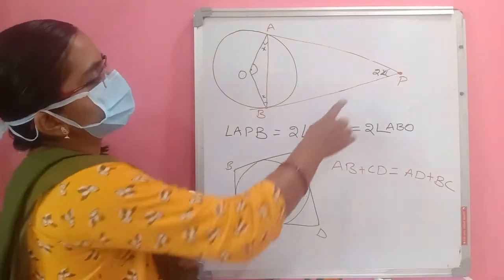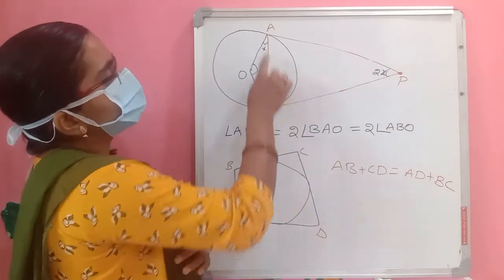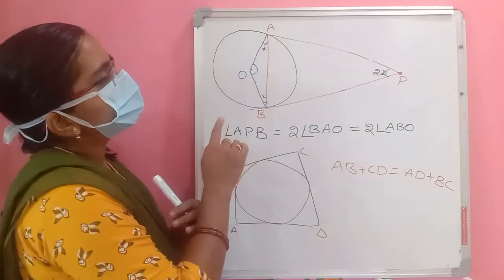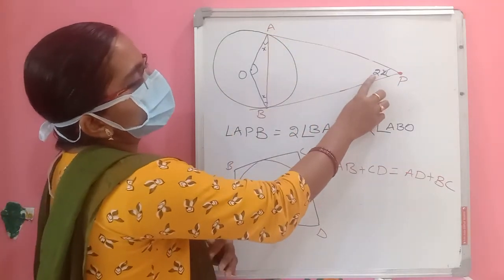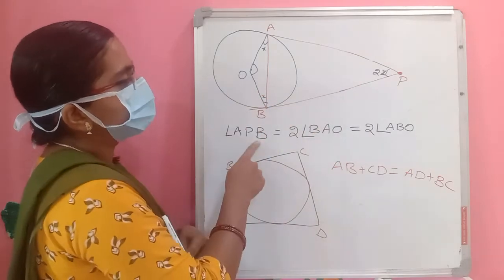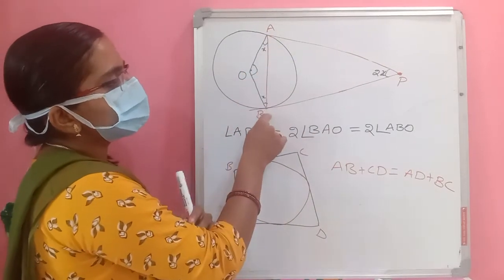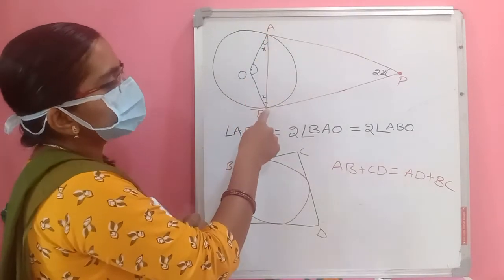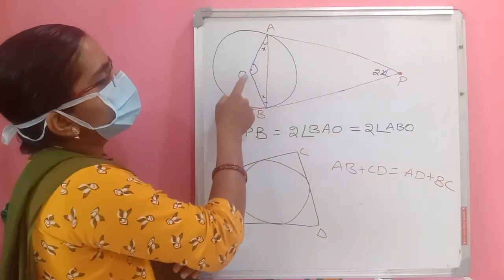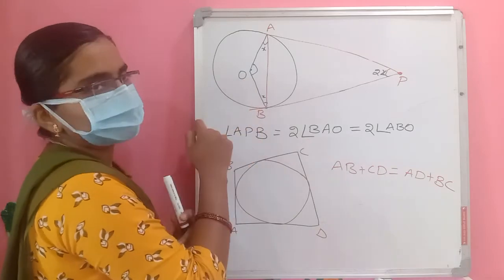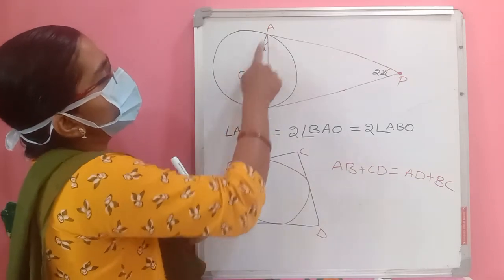If from external point P we draw two tangents, then these two tangents make an angle at P, angle APB. From these two points of tangency, draw a chord. This chord also makes an angle at the center, that is angle BOA.